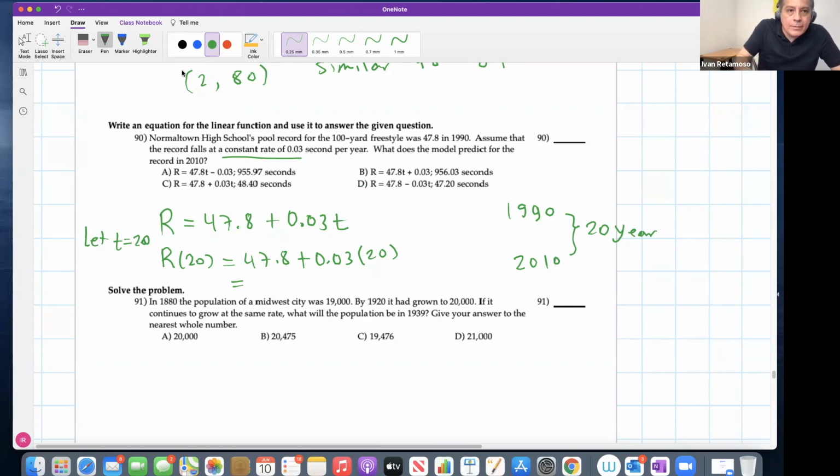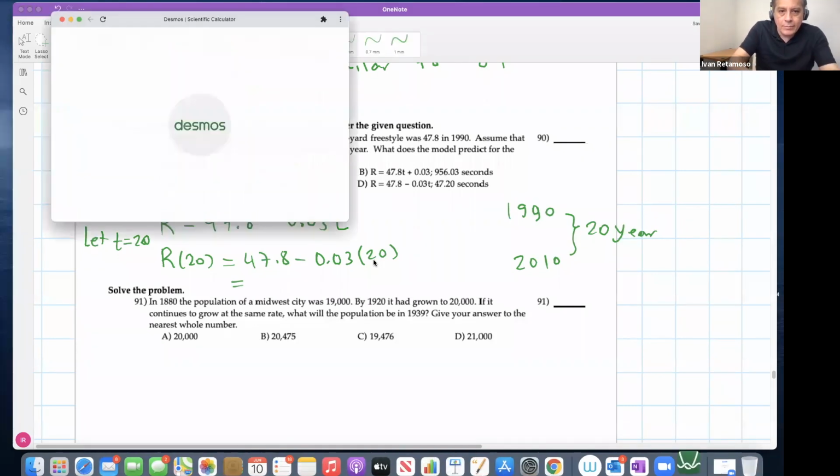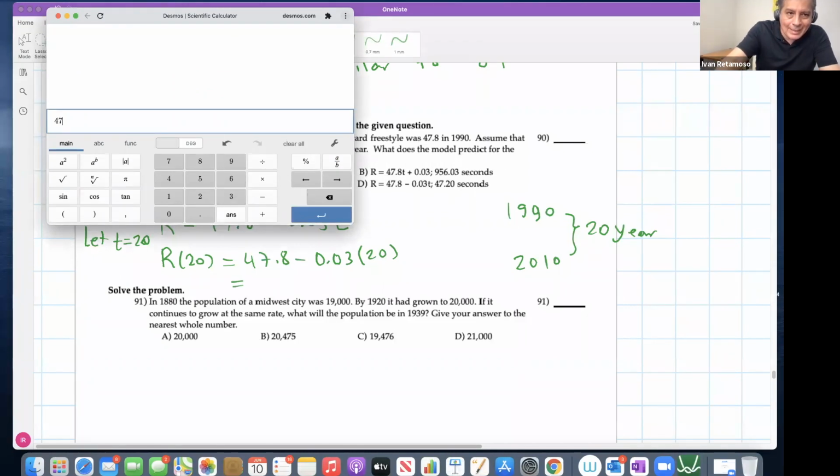Yeah, this is minus, sorry, because it's decreasing at this rate. Whenever something doesn't make sense, guys, just change it. Remember, this is decreasing the record, right? So let's recompute this. It has to be something less than 47.8, right?